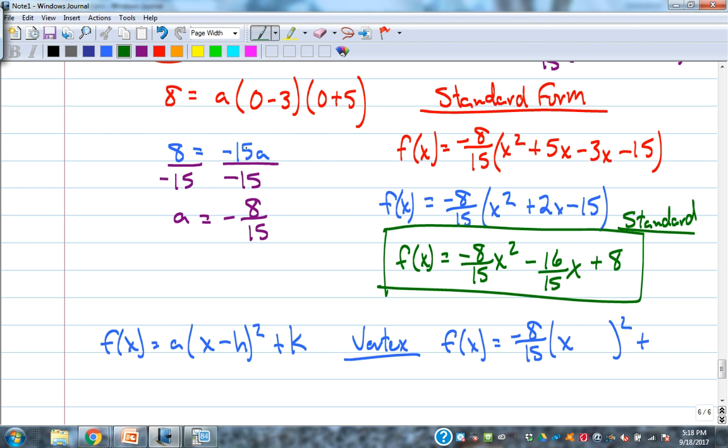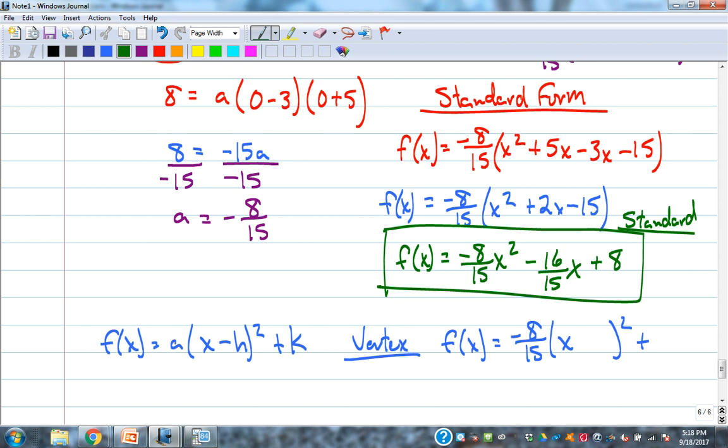Remember, h is the x value of the vertex, and the x value of the vertex is the same value as the what? Axis of symmetry. Somebody say it. The axis of symmetry. Good job. If I can take negative b over 2a, I'll get the axis of symmetry, which will be the h for the vertex form.